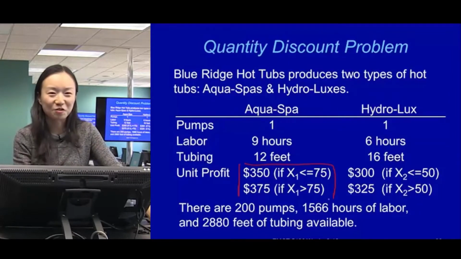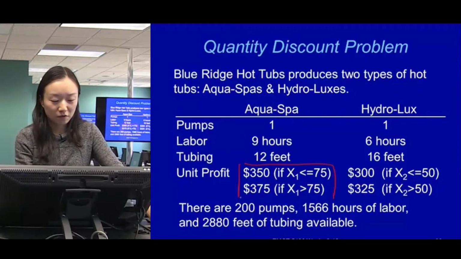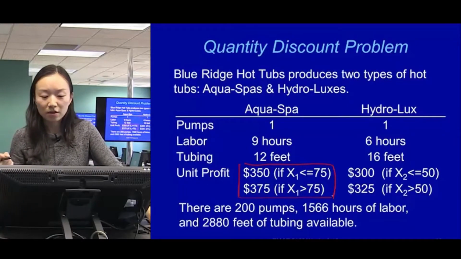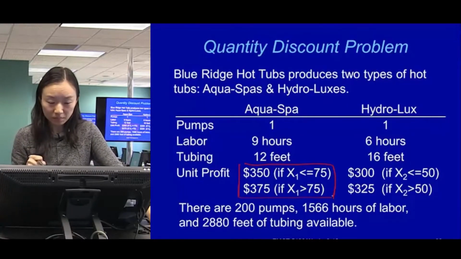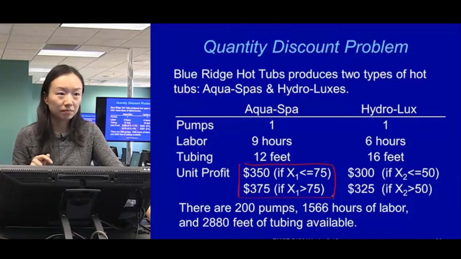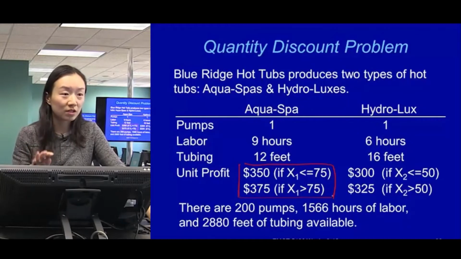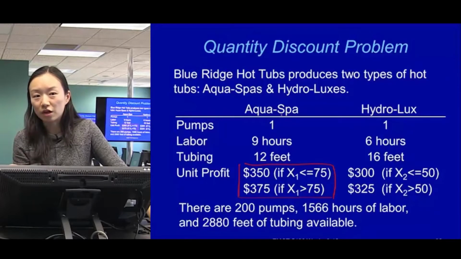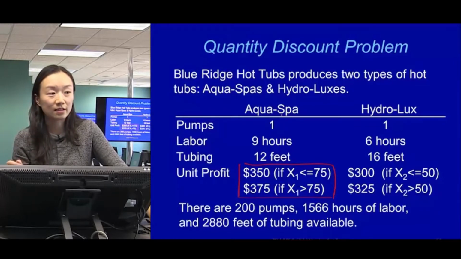For example, equals bus. For equals bus, you have to include both because you don't know how many you're going to produce, right? So what did we do last time? How many decision variables do we have? 4 decision variables, right? And last time we used the 4 decision variables, 2 for the number of equals bus, 1 representing the number you produce in the first 75 units, and the second representing the units starting from the 76th.